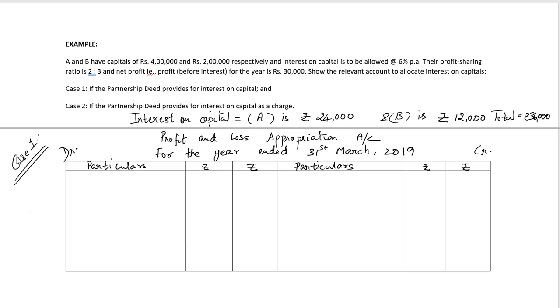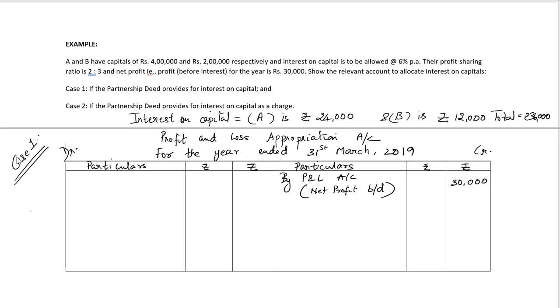Let's bring down the profits as per the profit and loss account. Net profits by profit and loss account, for the net profit brought down, 30,000.